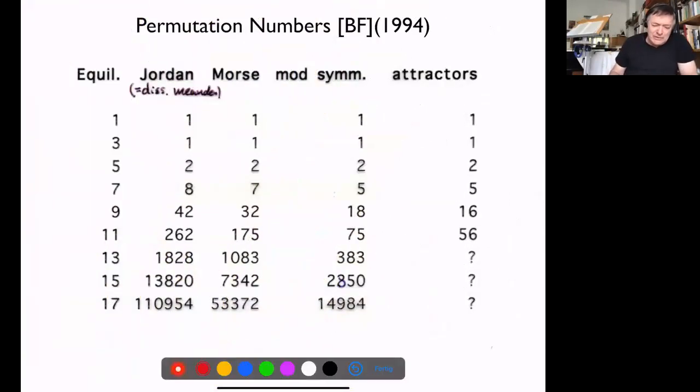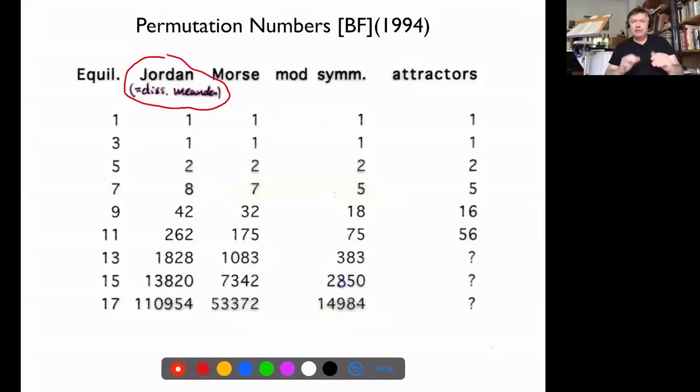But now we counted permutation numbers. That means we counted a dissipative version, an open meander version of these Jordan curves intersecting a horizontal line. Given the number, which we call here equilibria, first time something dynamic is mentioned, the intersection points of the meander with the horizontal line, I call equilibria.